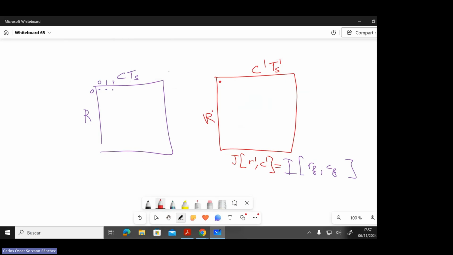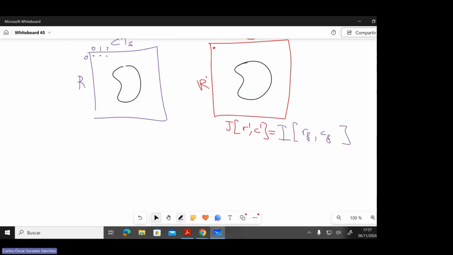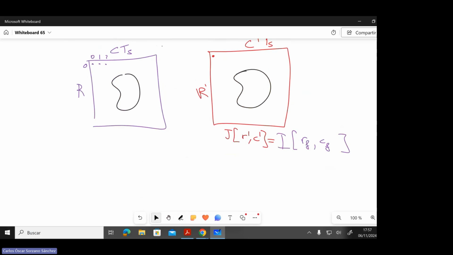And those two lengths have to be the same. So this length and this length have to be the same. So you know that C times S is equal to C prime times S prime.